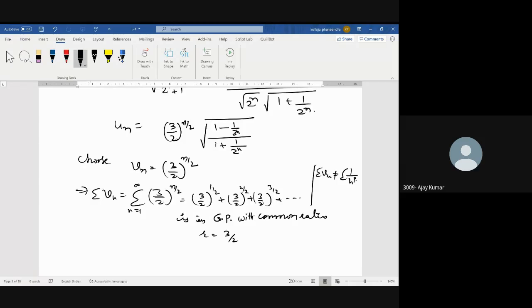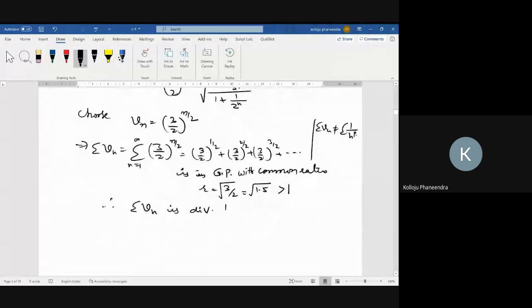Root, sir, root 3 by 2. Root 3 by 2 means under root of 1.5. Greater than 1 or less than 1? Greater than 1. Therefore, when greater than 1, the geometric series is divergent. Sigma Vn is divergent by using the geometric series test.